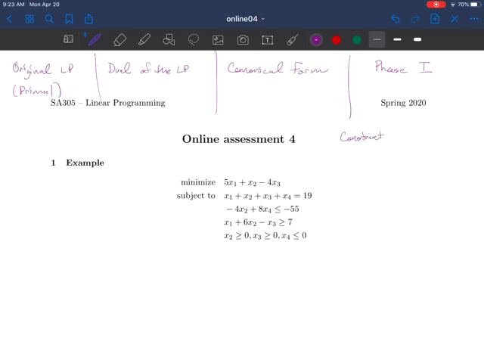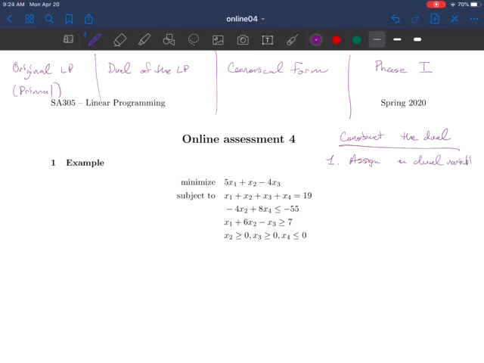So we're going to first work on taking the dual of this example. So we're going to construct the dual, and I'm going to try to write down all the steps involved in that.